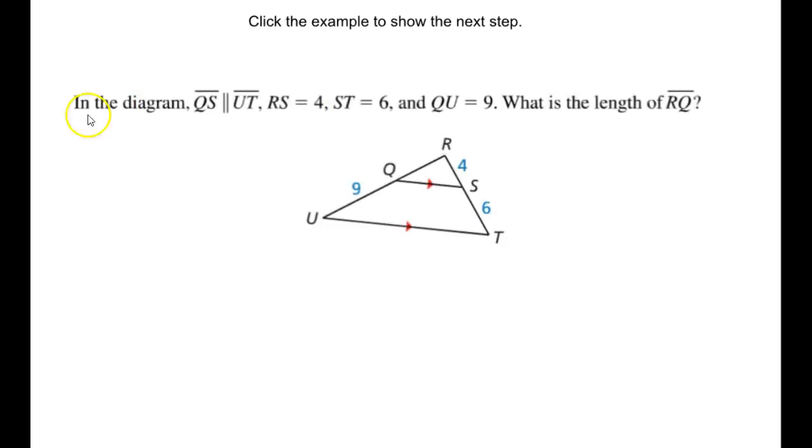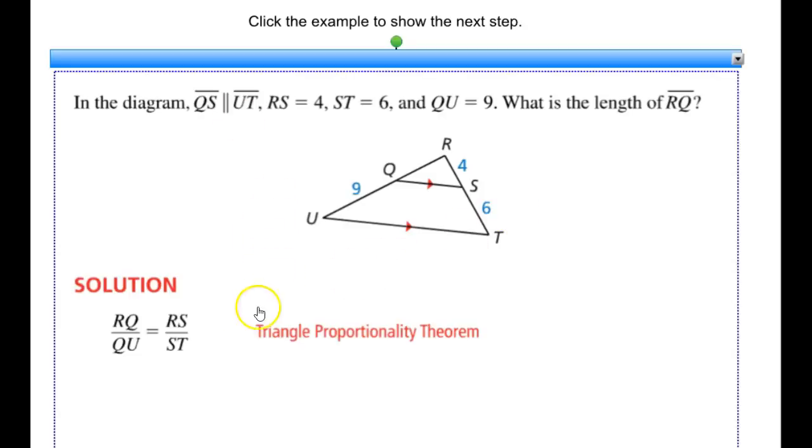So let's look at our first example. In the diagram, QS is parallel to UT, and RS equals 4, ST equals 6, and QU equals 9. What is the length of RQ? Again, always draw our picture first, which has already been done for us here. Now I can set up my proportions.